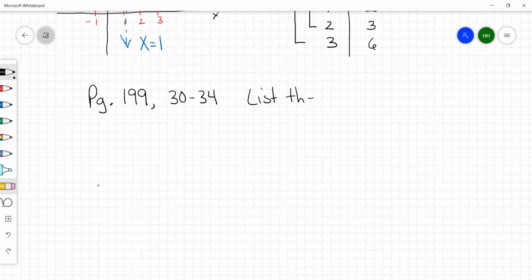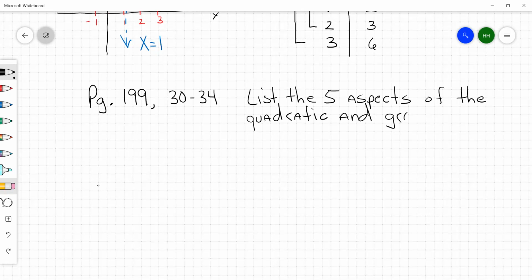List the 5 aspects of the quadratic and graph.